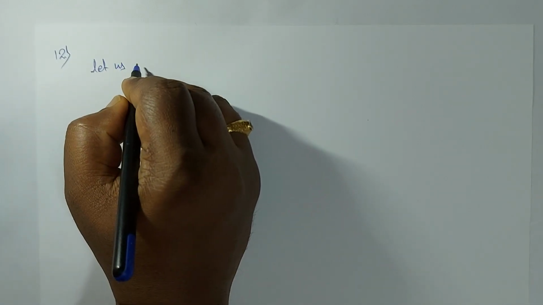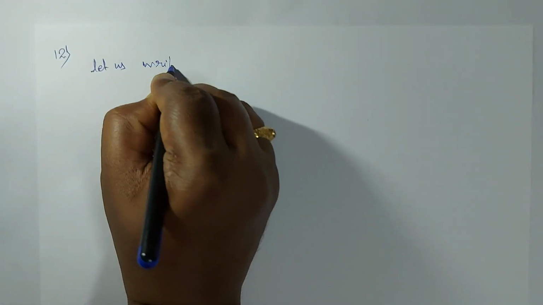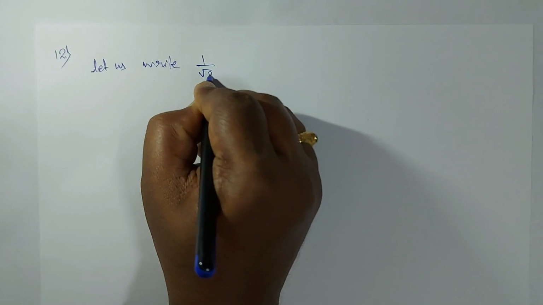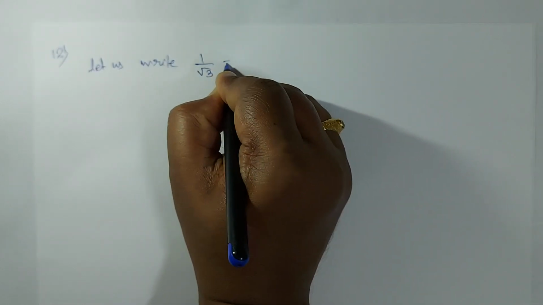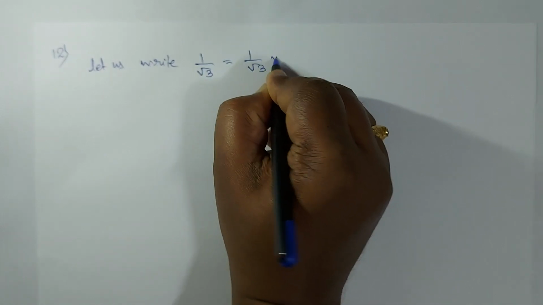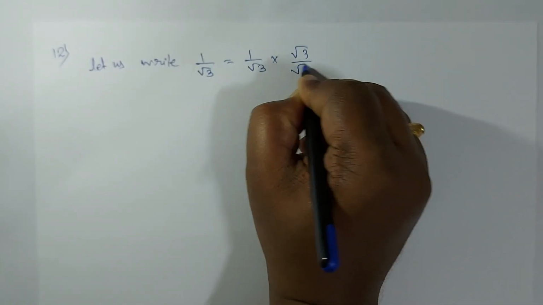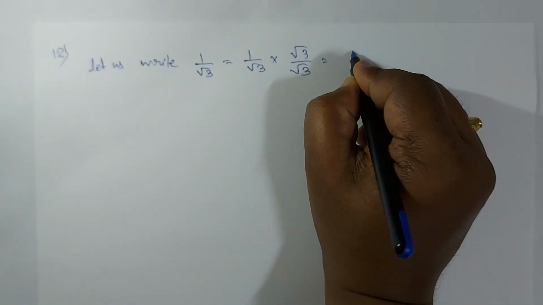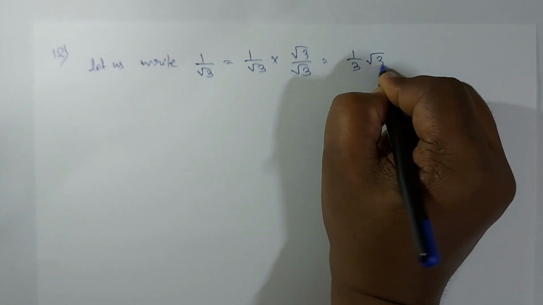Let us write 1 by root 3 is equal to 1 by root 3 into root 3 by root 3. This is equal to 1 by 3 into root 3.